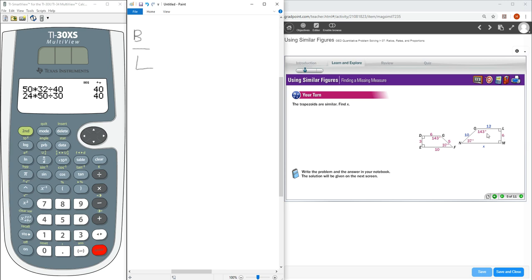That's all we're going to look at. We're going to ignore all these other numbers and not get confused. So big over little. Big for this x is going to be this bottom NM, which is the same as EF. So big is x, and little is 10.